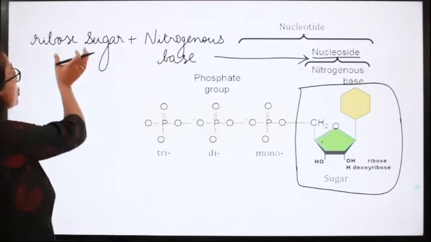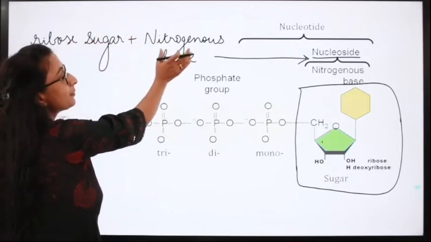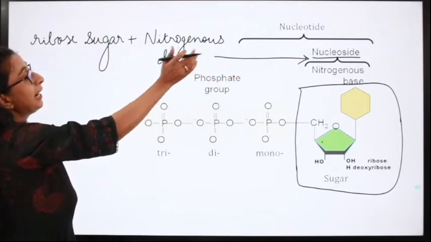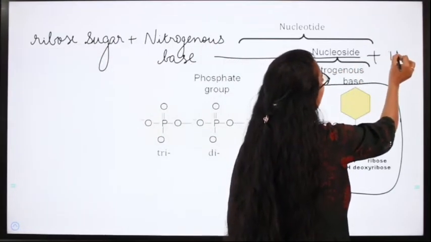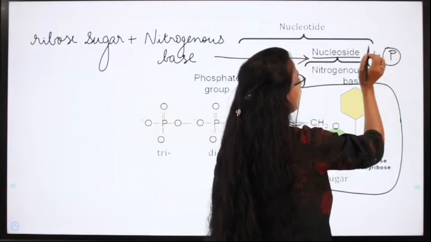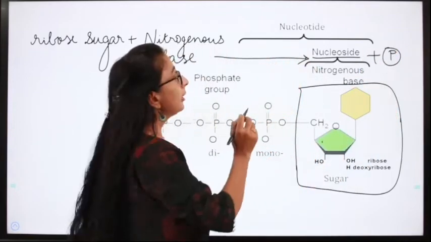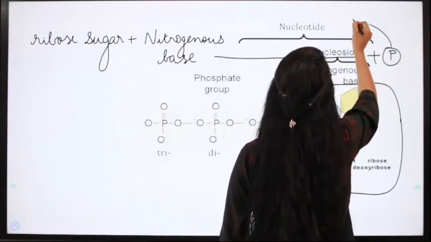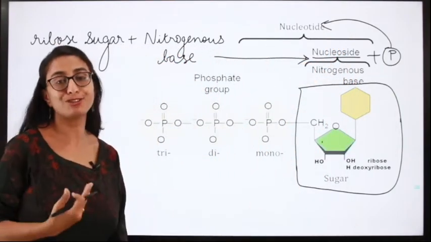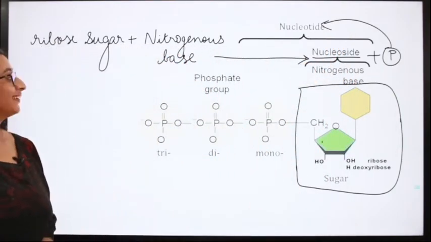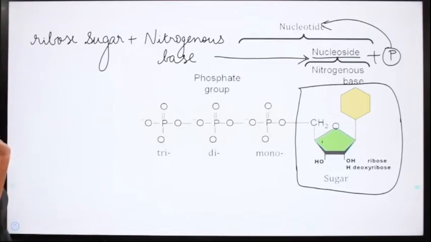Okay. So ribose sugar plus nitrogenous base is a nucleoside, and the nucleoside plus the phosphate group, okay, that is called the nucleotide. Sorry, it's not phosphate, it's phosphorus. Okay, so keep this in mind always.